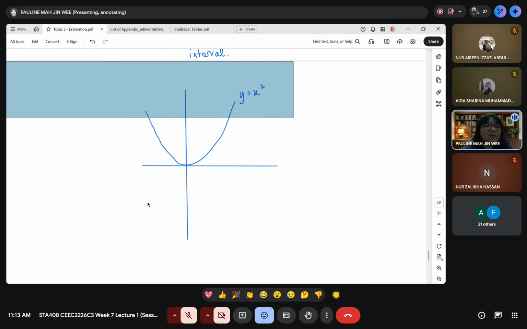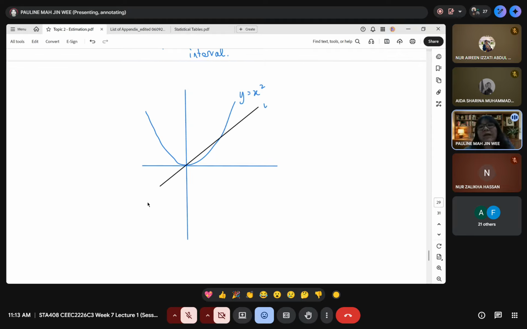Then we have one more. I'm going to draw a black line there, the y equals x graph. So this is 0 and 1, because of the intersection between these two lines: x equals 1, y equals 1, and if x is 1, x squared is still going to be 1. So for the blue curve, it is still 1, 1. This one is still the same.